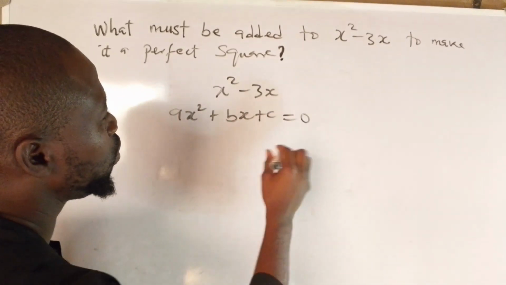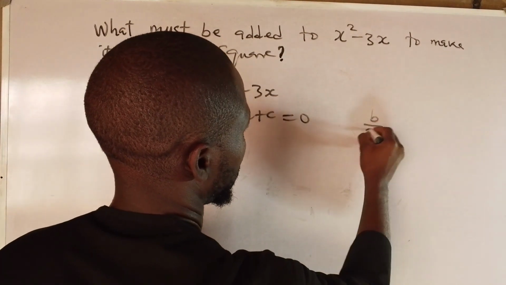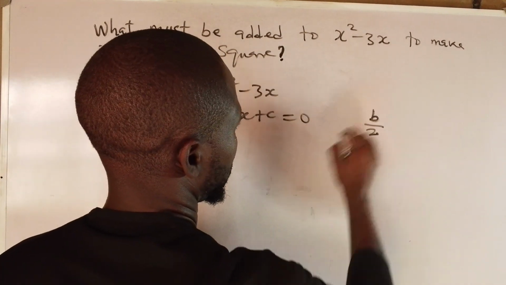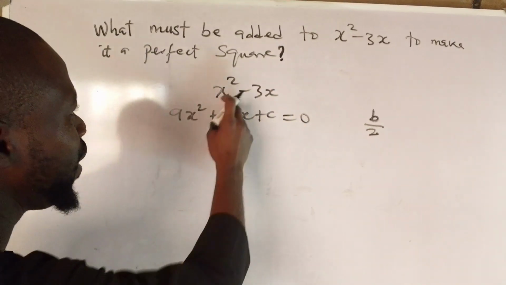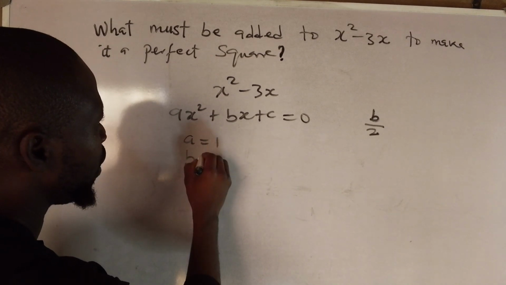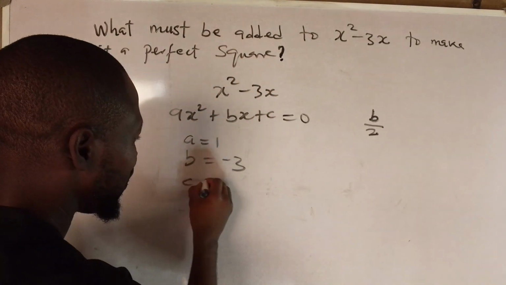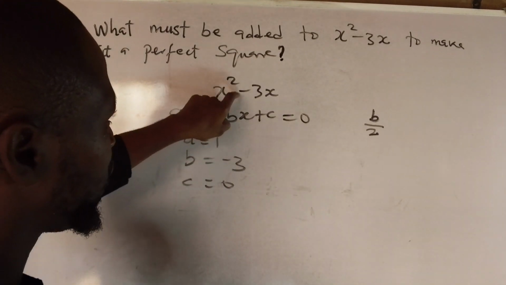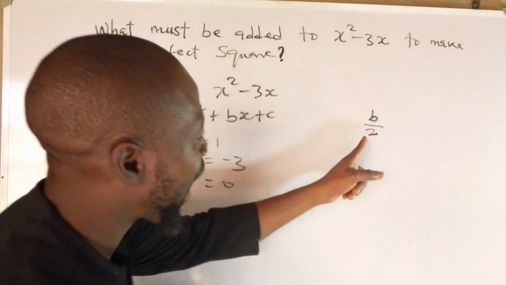The first thing you want to do is find the half of b. Half of b is b over 2. Now, in this equation that we have, our a is 1, our b is minus 3, and our c is 0 for this particular quadratic expression we have here. So find the half of b.